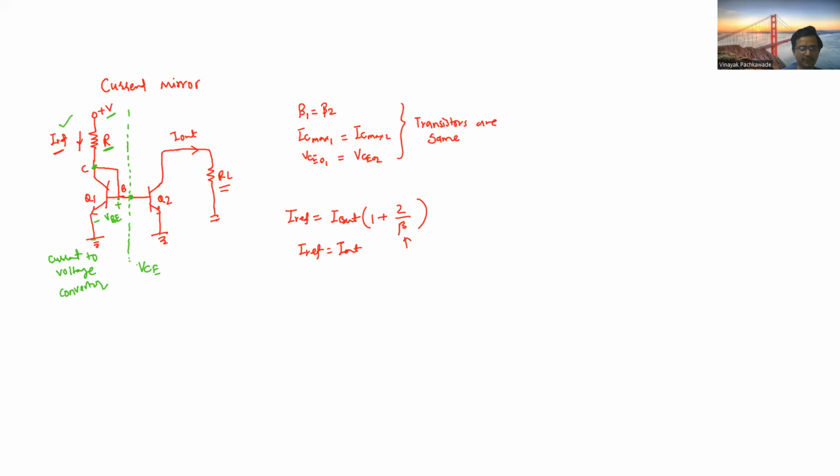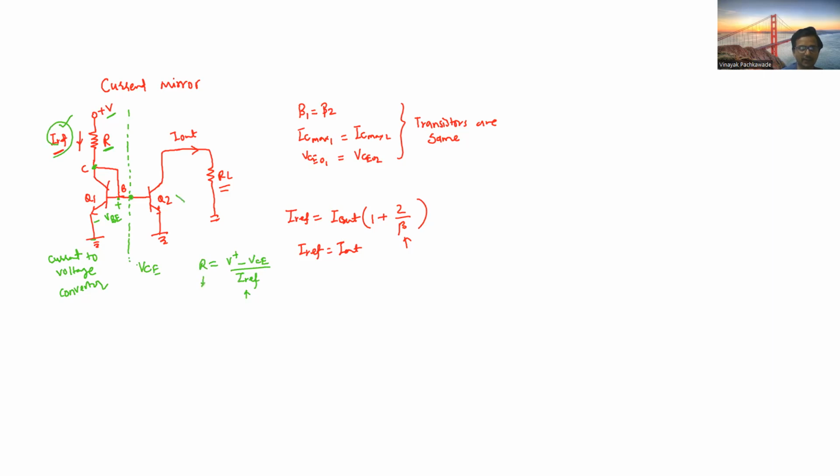I am going to have VCE, and that voltage is being produced because of the current I reference that I'm letting flow. The value of R can be set as V plus minus VCE divided by I reference. So the larger the value of the current, the smaller the resistance.